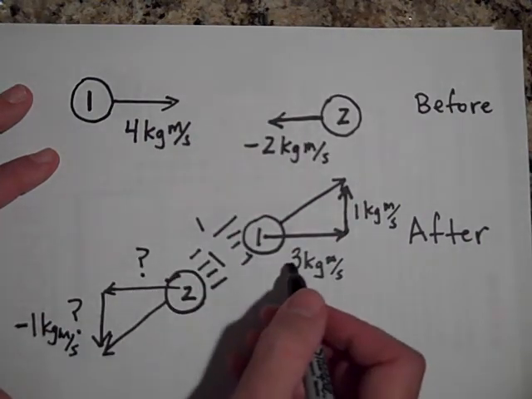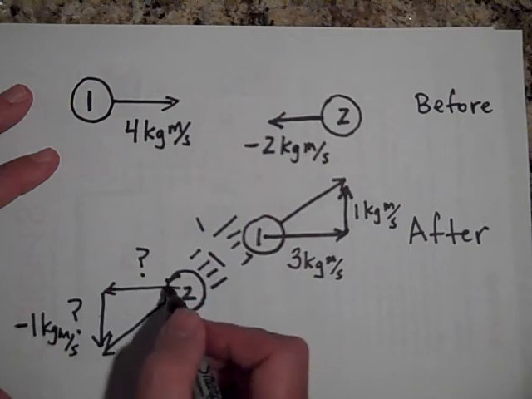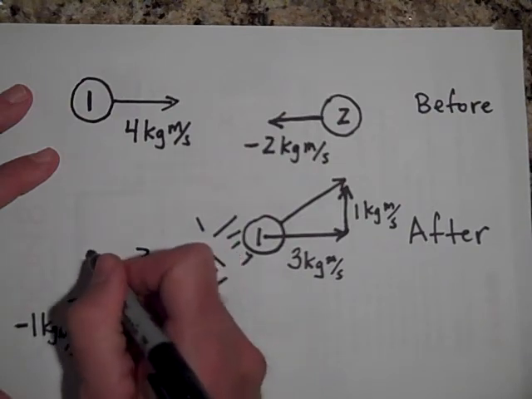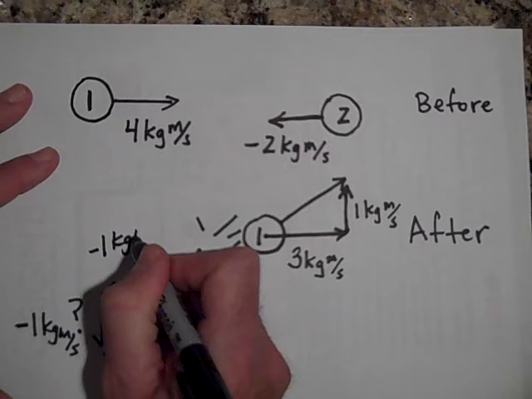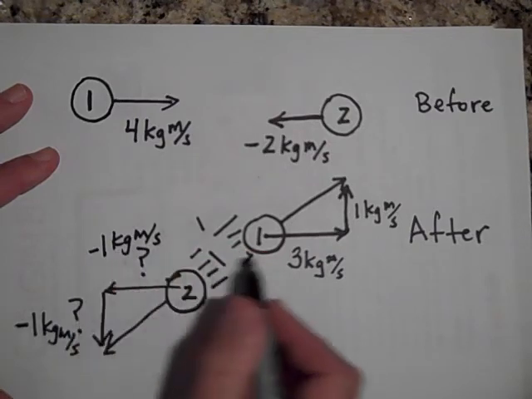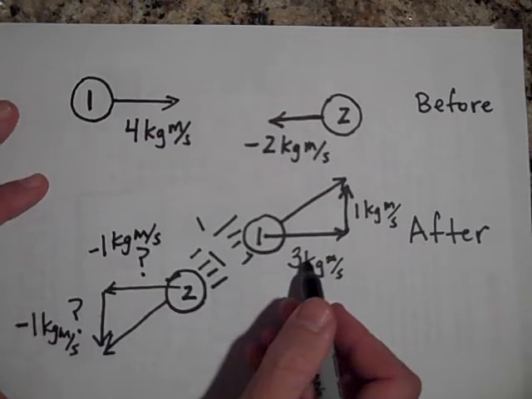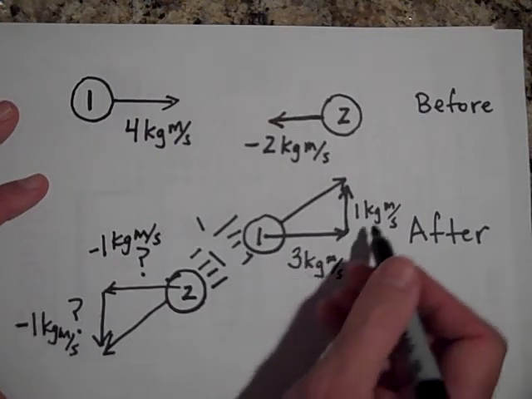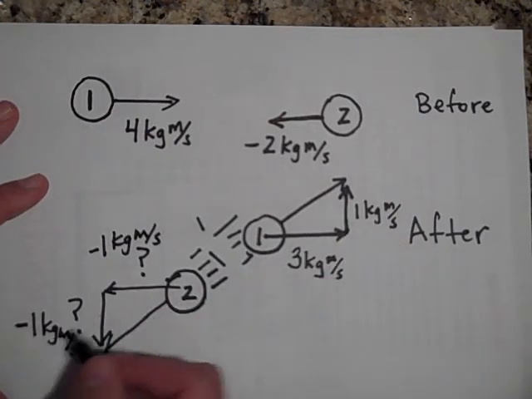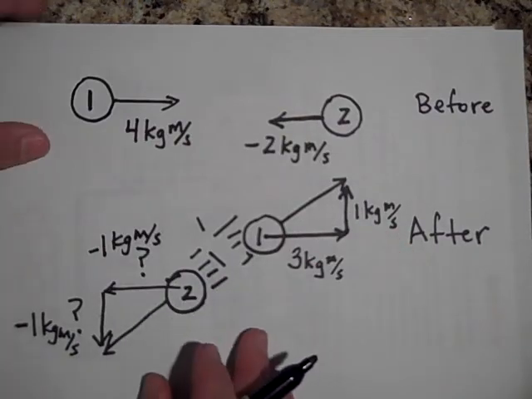So in order for momentum to be conserved in the x direction, this would have to be negative 1 kilogram meter per second. See how that plus that still gives you 2 kilogram meters per second in the x direction? And this gives you 0 in the y.